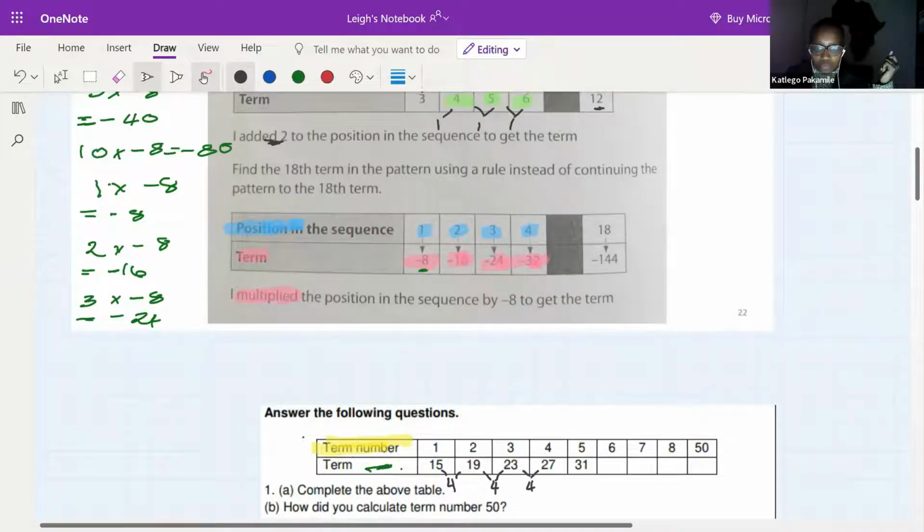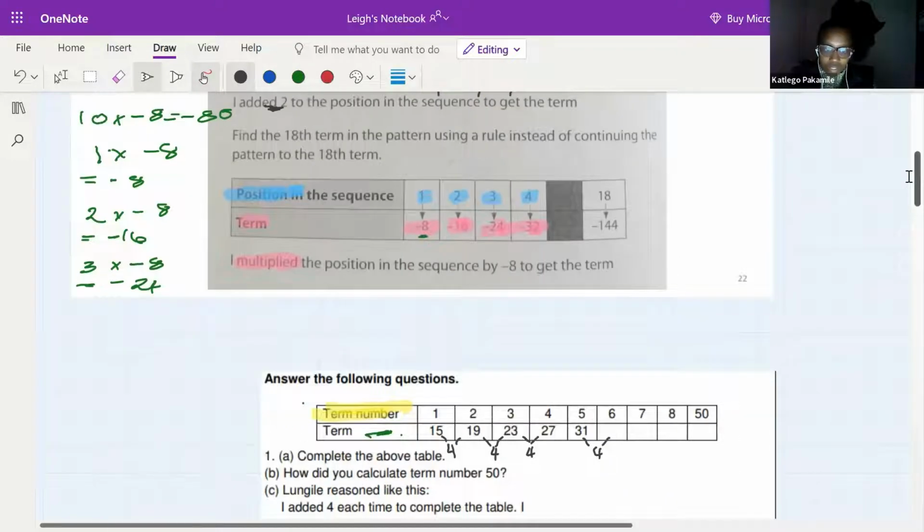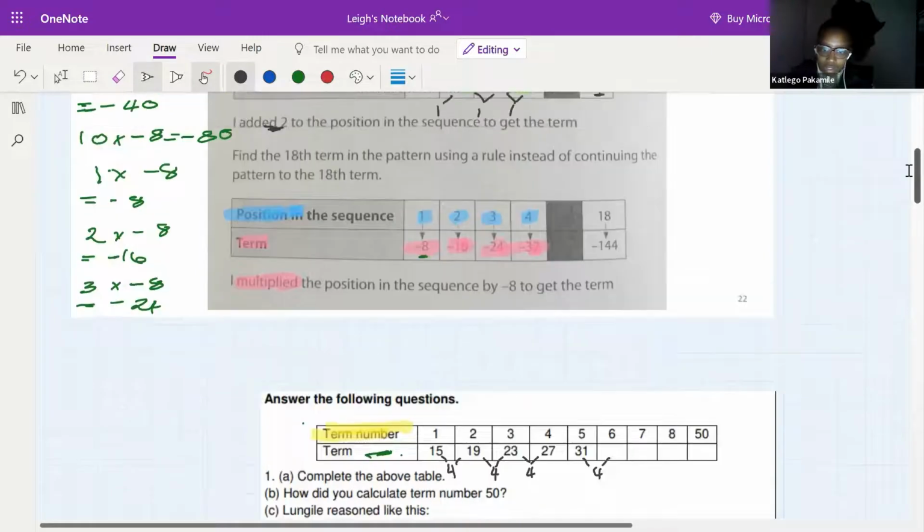So if you add 4 to 31, how much do you get? Ushe, do you want to try? Yes, ma'am. The answer is 35. Mm-hmm. And then 39.